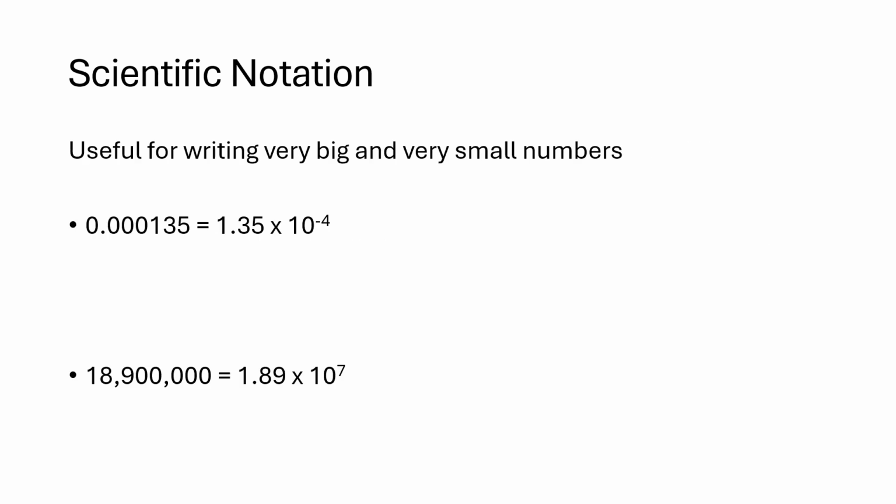So scientific notation is a way of writing numbers that's really useful for very big and very small numbers. The two examples here show the two possibilities. Just to kind of go through the process, let's start with that first number. We've got 0.000135.